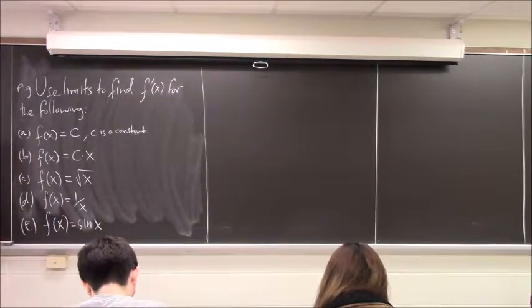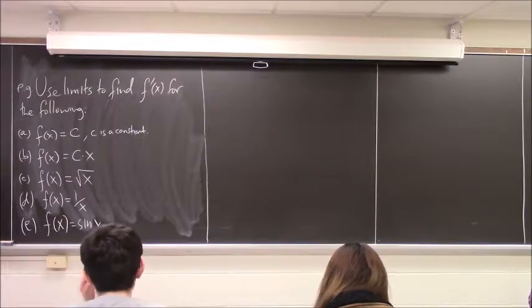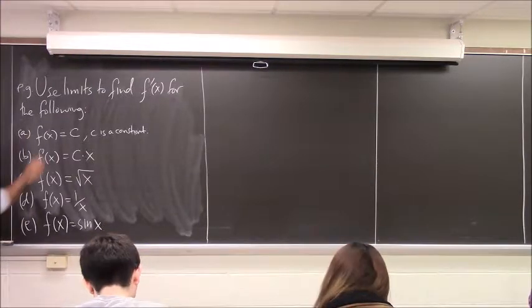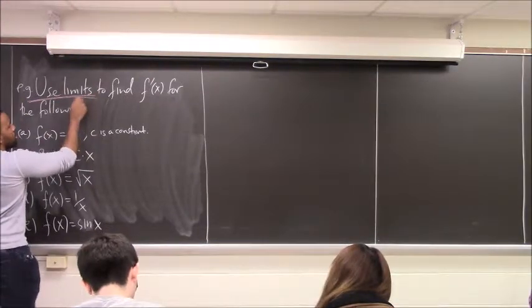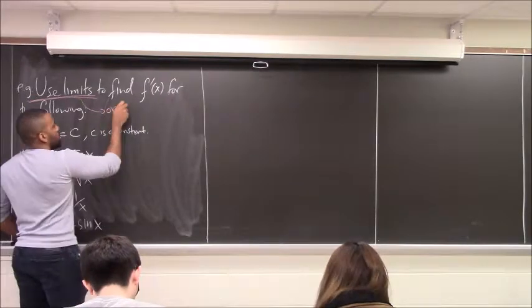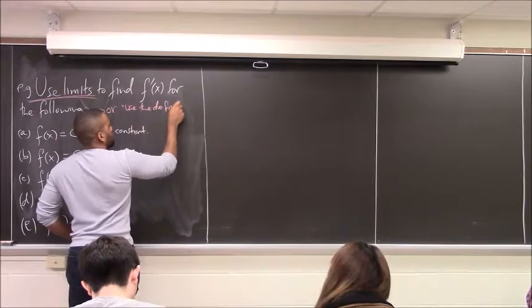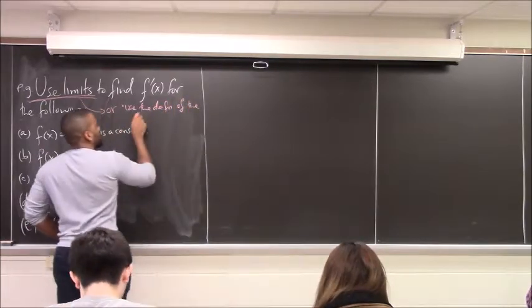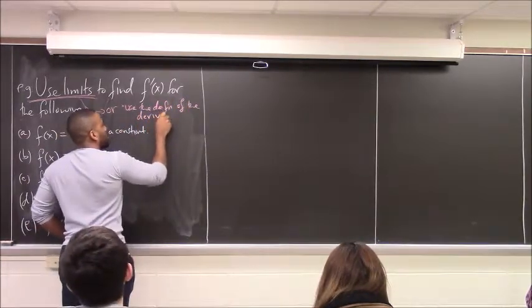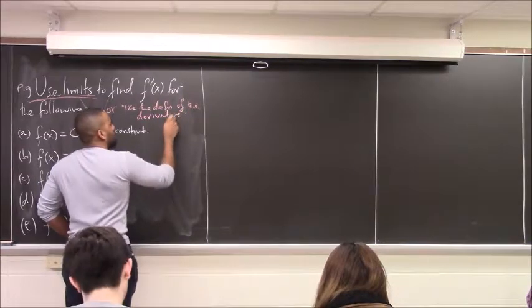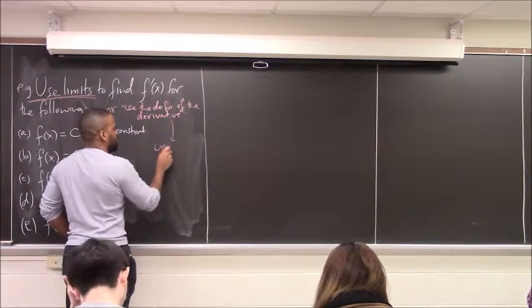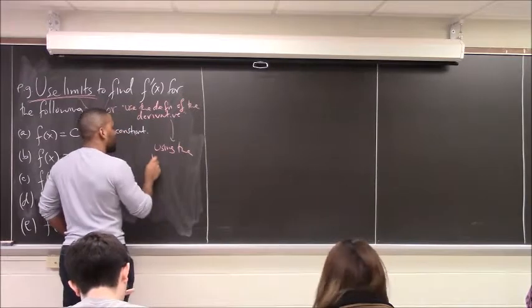Whenever, and this is going to be important, whenever a derivative problem says use limits, or we could say use the definition of the derivative, it's talking about using the limit definition, which means you're not allowed to use the shortcuts.